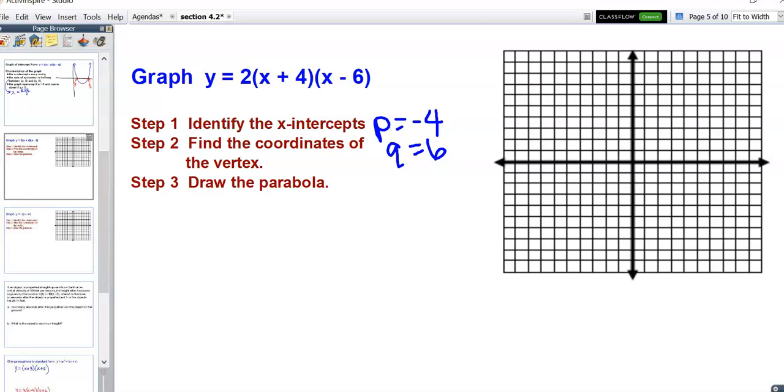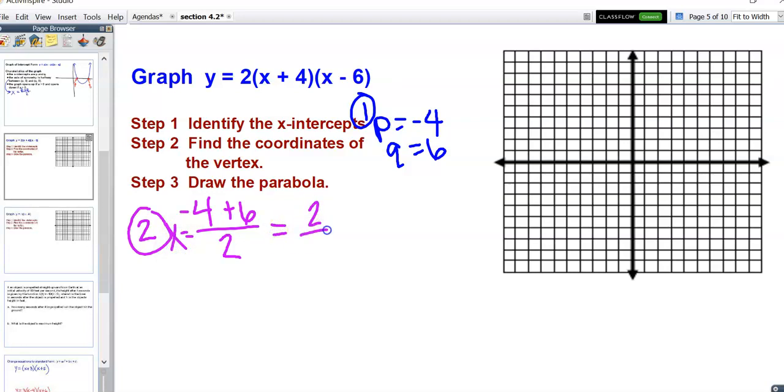Step 2, we have to find the vertex. So that's where you need to use that midpoint formula. So we're going to have -4 plus 6 over 2. -4 plus 6 is 2.